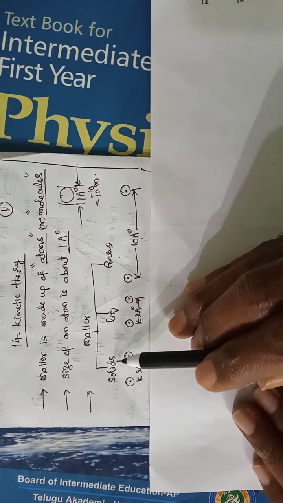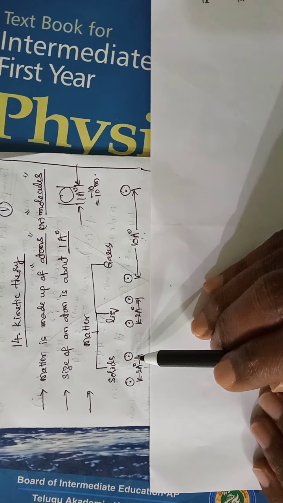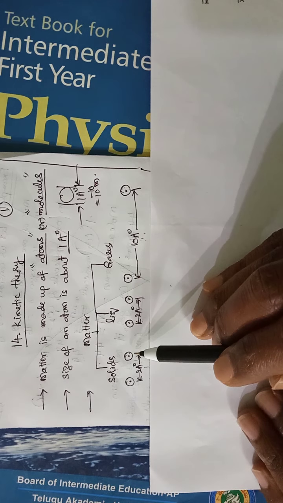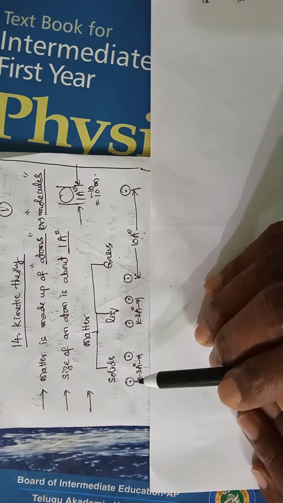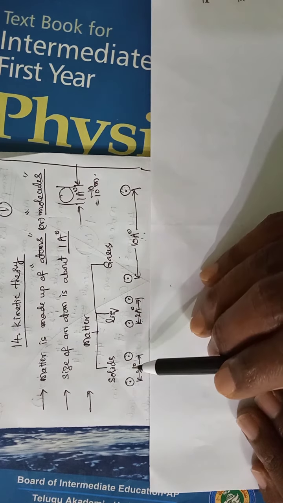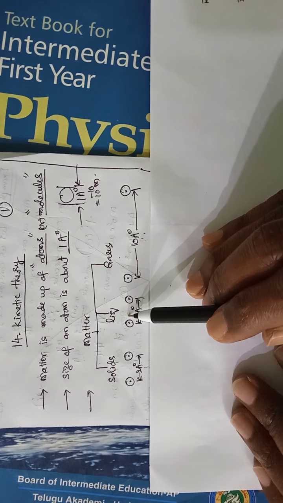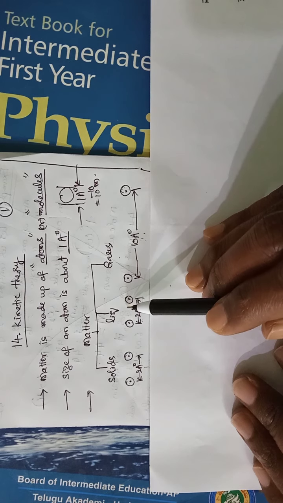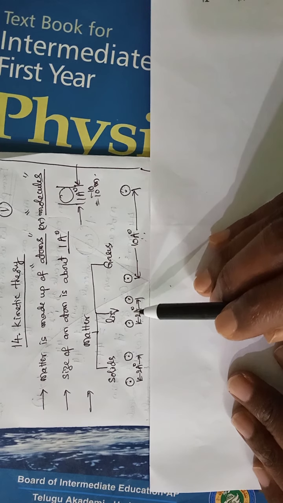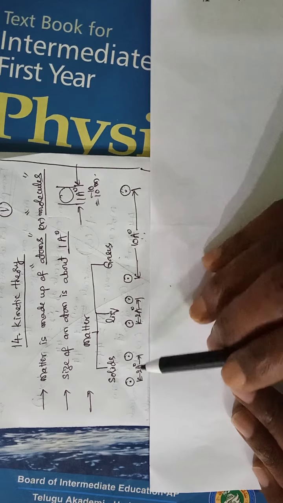In a solid, the atoms are rigidly packed. They do not change their places, they do not move from one place to another. But in a liquid, they can move from one place to another, but the volume they occupy is fixed, just like a solid.